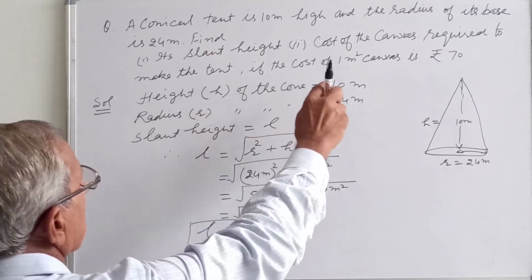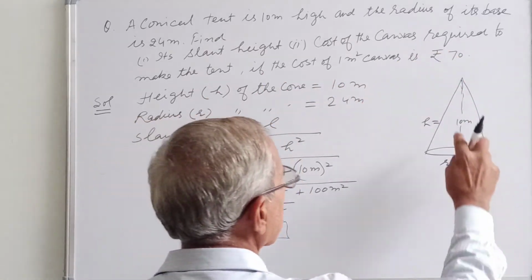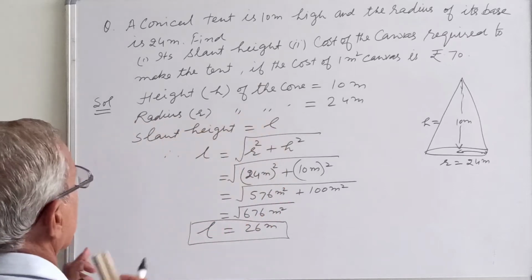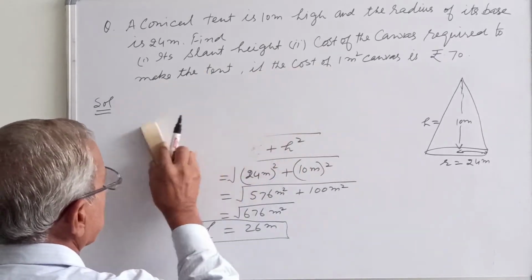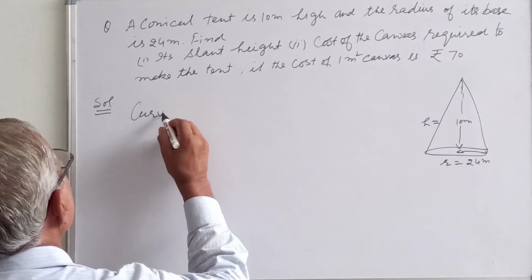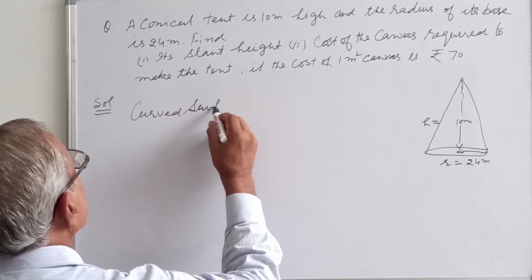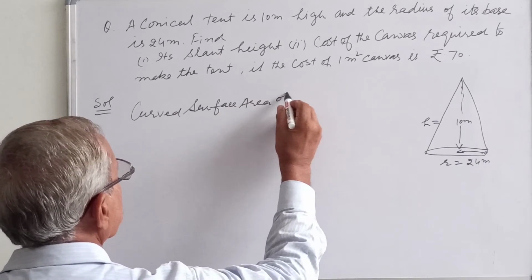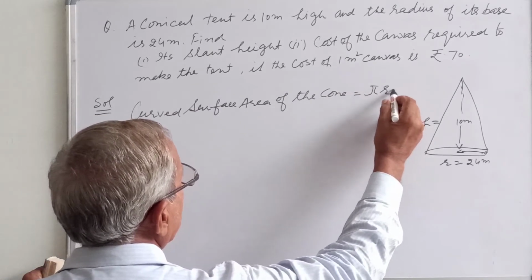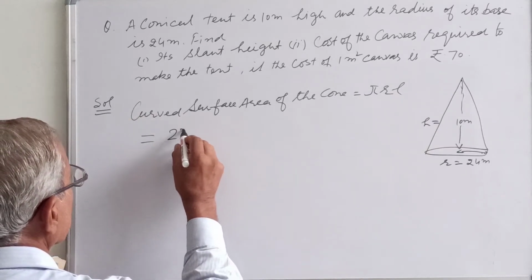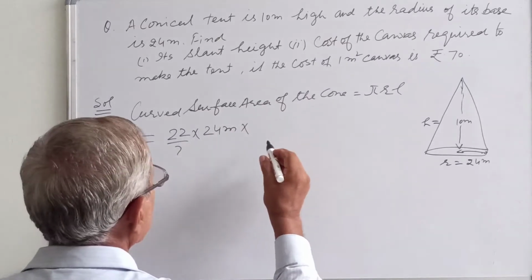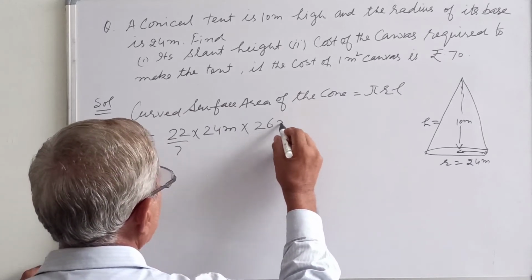Now you have to find the cost of the canvas required. So first of all you will have to find the curved surface area of the cone, that will be pi r L. Pi is 22/7, r is 24 meter, whereas L is 26 meters.